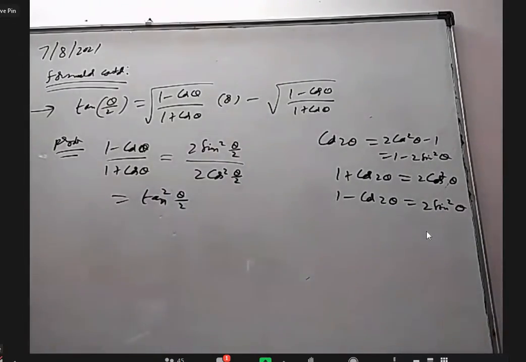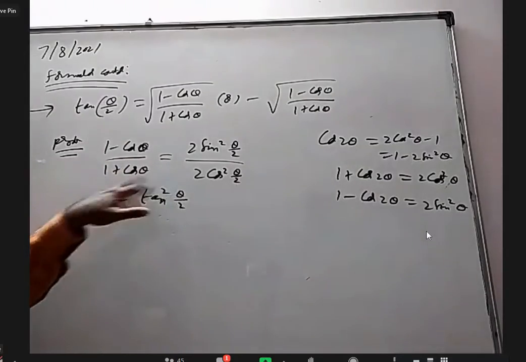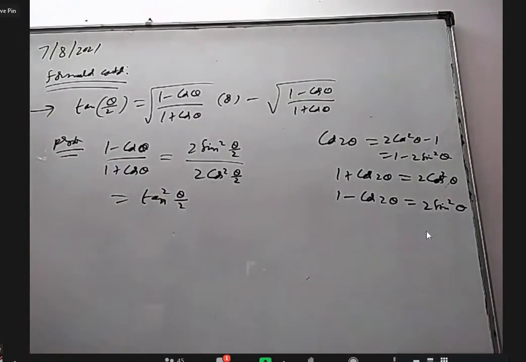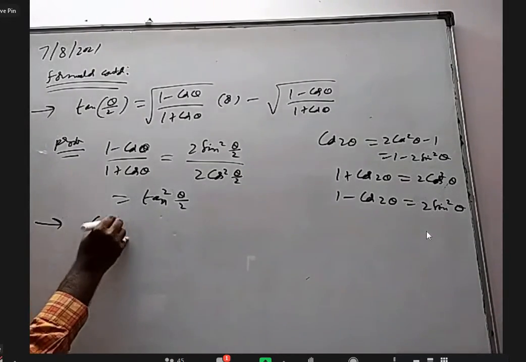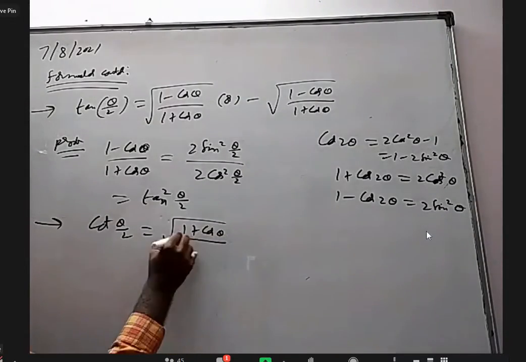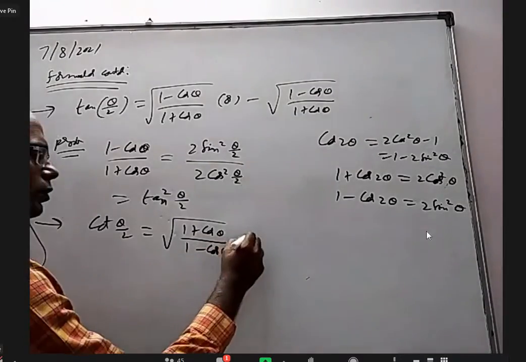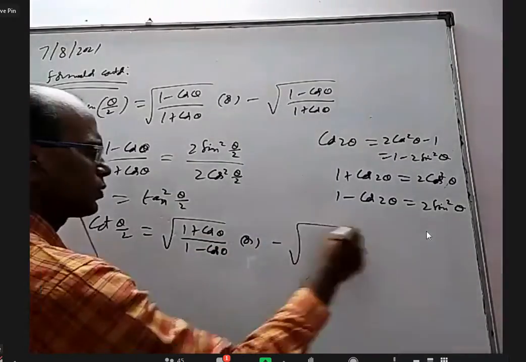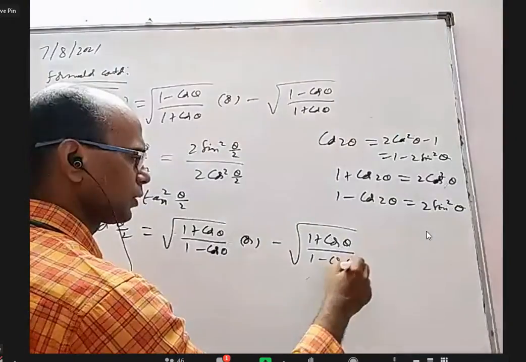Now, if I apply square root, I'll get a mod here. Plus or minus depends on the quadrant. Almost similar, cot theta by 2, the reciprocal, you can write as root over (1 plus cos theta) by (1 minus cos theta), or minus root over (1 plus cos theta) by (1 minus cos theta).